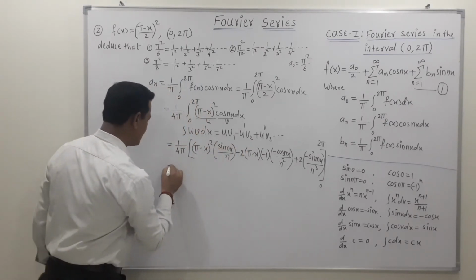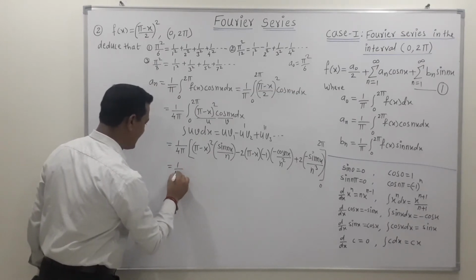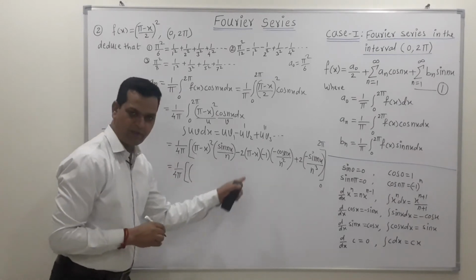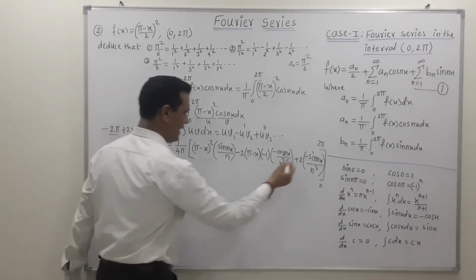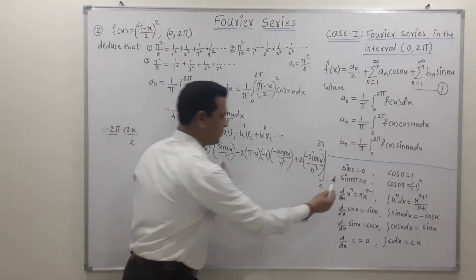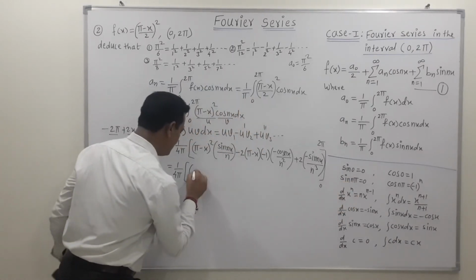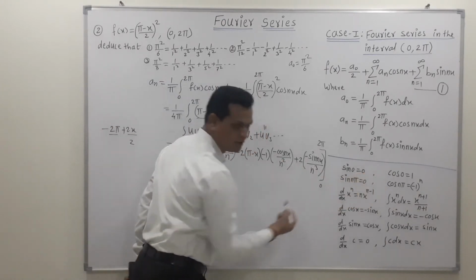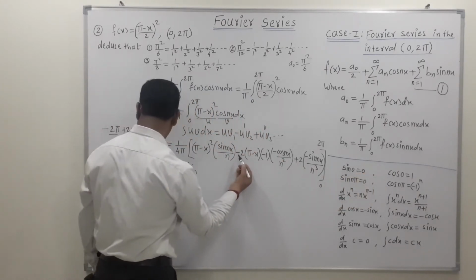Now the next step is to put the value of the upper limit and the value of the lower limit. For the upper limit, write a circular bracket. The upper limit is 2 pi. The first term is sine, and sine here is always 0, so the first term is 0. The next term is cos, which is non-zero, so let's simplify this term.